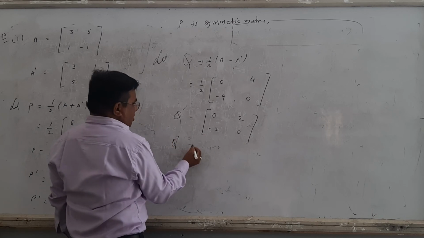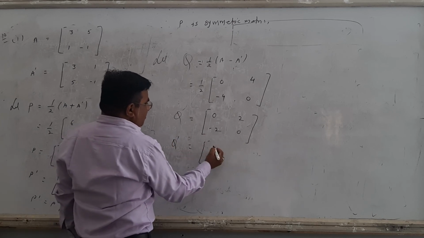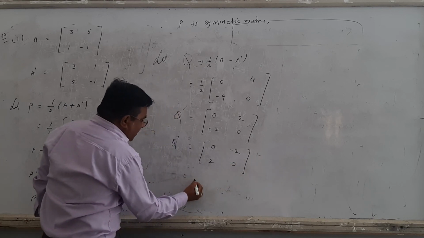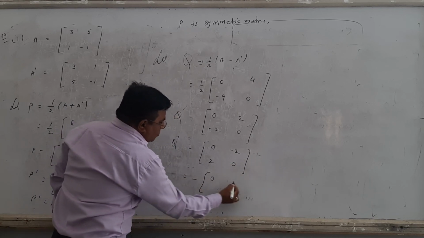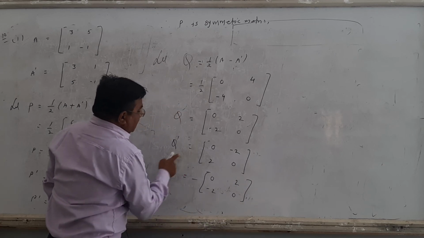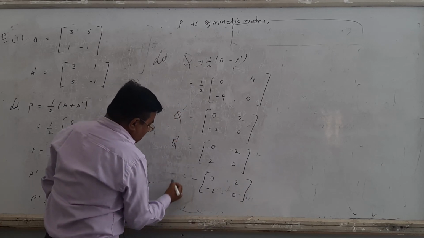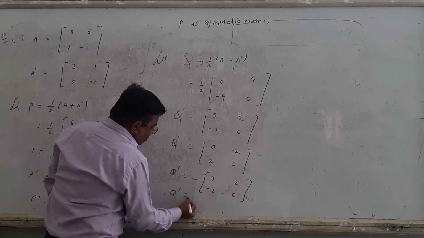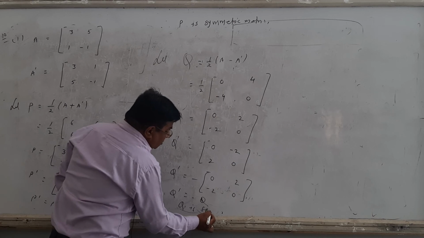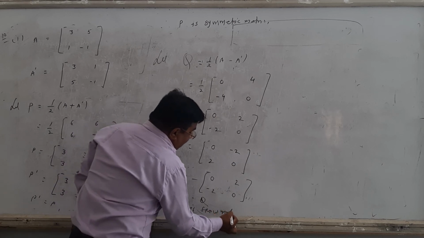Find Q dash: interchange rows and columns. The negative sign is common, and we get the same Q matrix. So Q dash equals minus Q. That means Q is a skew symmetric matrix.